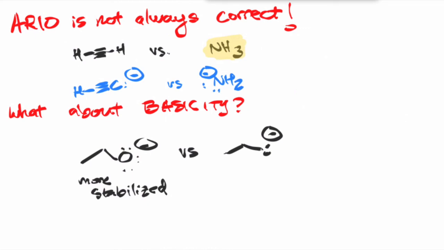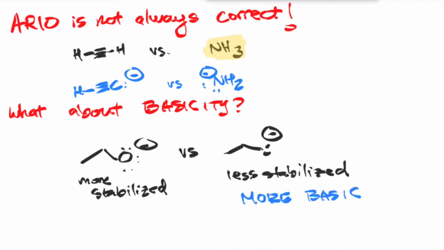Remember, if it's stable, then it's quote unquote happy, therefore it's not going to want to react. Whereas if something is less stable, then it's going to want to react. So in this case, the negative charge on that carbon is not very stable, so it will be more basic. So yes, you can do the same thing with basicity, just the opposite.